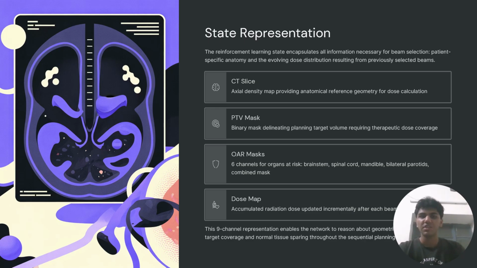After each beam selection, this map is updated to reflect the evolving dose distribution across the anatomy. Together, these channels form a 9-channel input representation, allowing the model to learn how dose, tumor geometry, and organ proximity interact. This setup enables the network to reason about complex trade-offs between tumor coverage and organ sparing dynamically as it plans each subsequent beam.